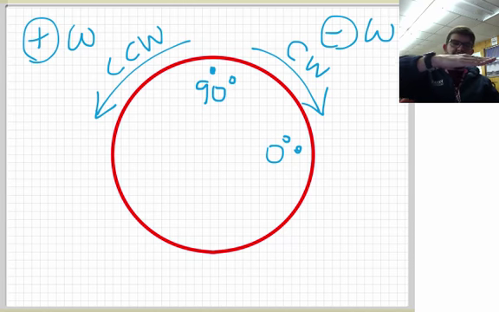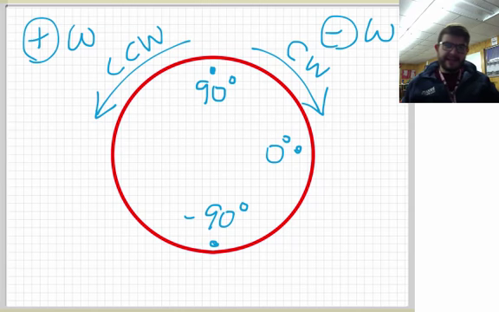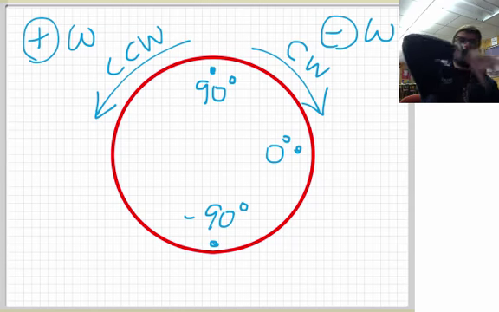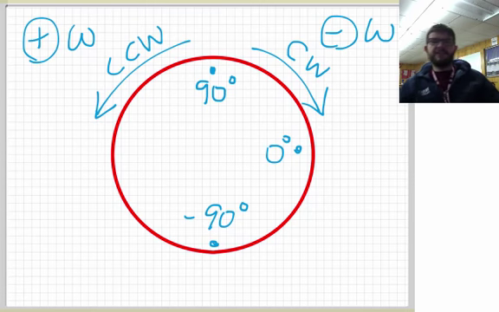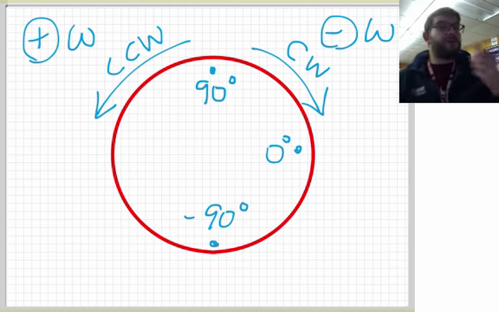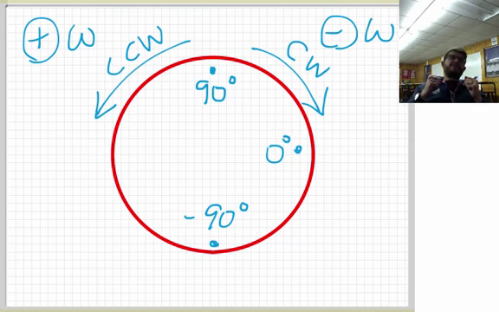But if I started out here at 0 and I went down, we would call that negative 90. So turning clockwise is going in the negative direction, counterclockwise is the positive direction. But in your problem, you get to define your frame of reference. So you technically get to pick which way is positive and negative, but the standard is that counterclockwise is positive and clockwise is negative, just like running forward is usually positive and running backwards is usually negative.